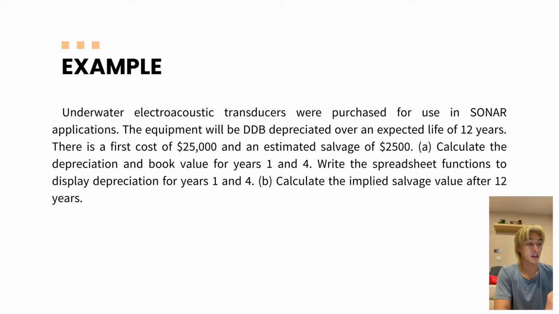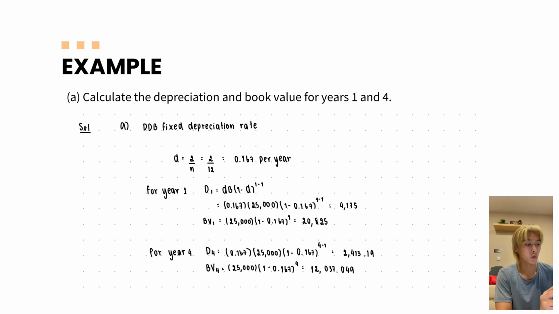Okay, so we're going to do the first one first, where we have to find the DDB fixed depreciation rate, for which the formula is D equal to 2 over n. Our n is 12, so it's 2 over 12, which is equal to 0.167 per year.